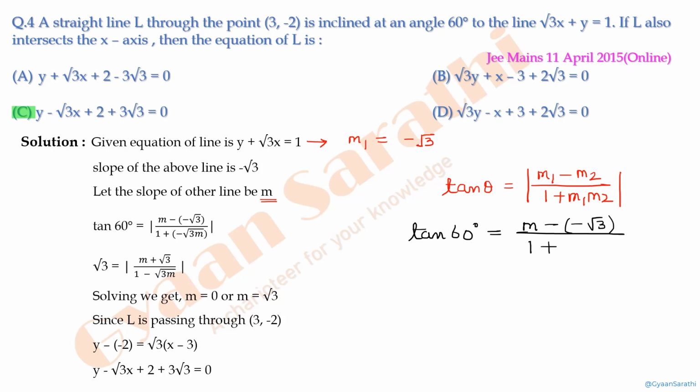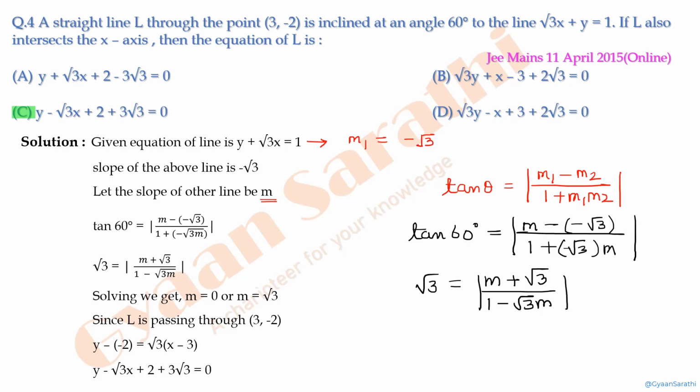So this becomes m minus of minus root 3 upon 1 plus minus root 3 into m. So tan 60 degree is root 3, which gives us root 3 is equal to modulus of m plus root 3 upon 1 minus root 3m.